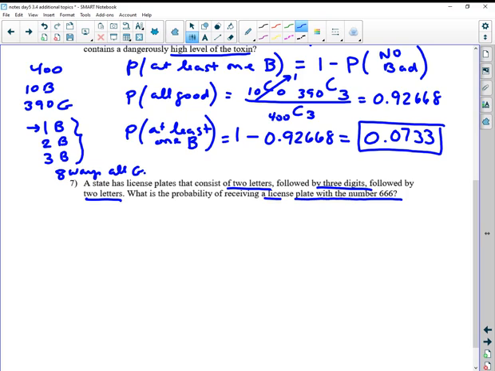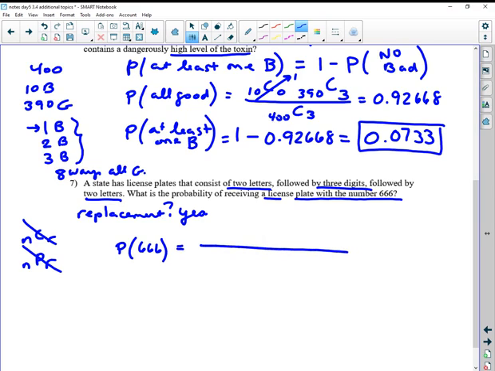Do we have replacement? Yes, the numbers are going back in, so that means we cannot use combinations or permutations. We're going to find the probability of getting a 666 on our license plate and think about how many ways you can get this.